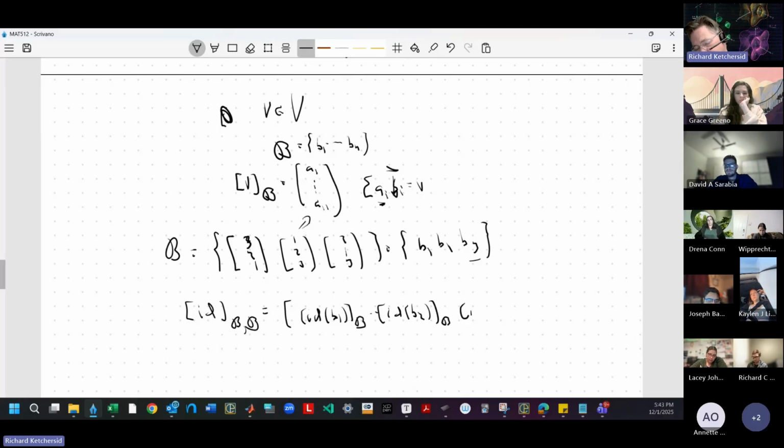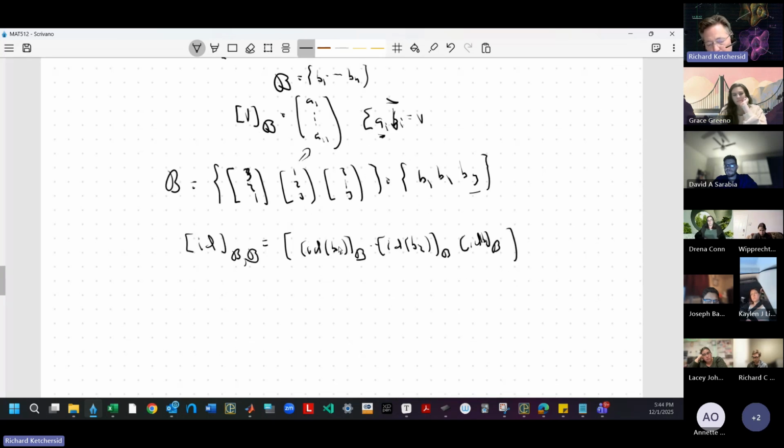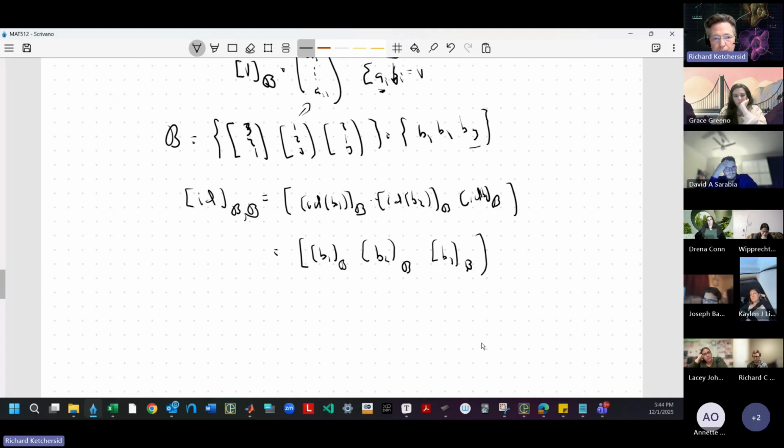It's really important that you write all this stuff out yourself and go through this once, especially since my handwriting's so bad. But when I apply the identity map to B1, it's just B1. So this is just B1 with respect to B, this is just B2 with respect to B, this is just B3 with respect to B, because the identity map didn't do anything.